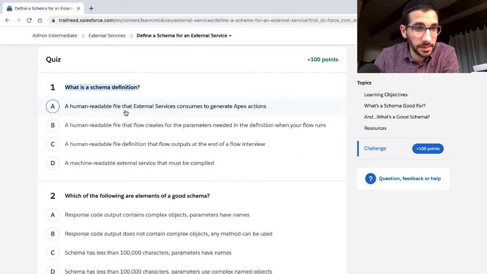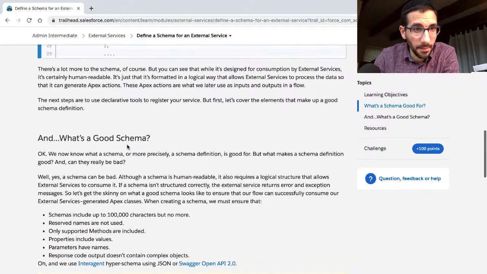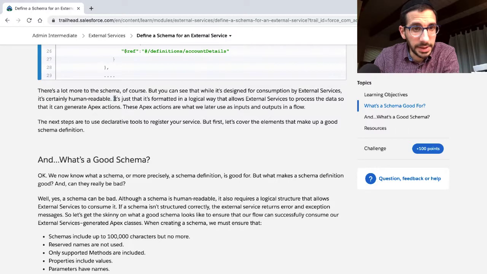So we know it's human readable. It's a file that external services consume to generate Apex actions. That flow creates the parameters. So it is just formatted in a logical way that allows services to process the data so you can generate Apex actions. Okay, it's human readable and structured in such a way that we could then run Apex actions. That's a schema.